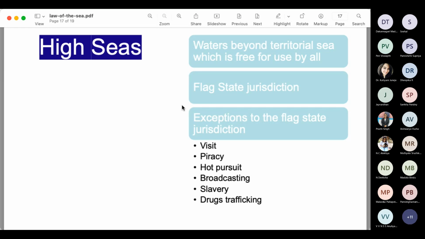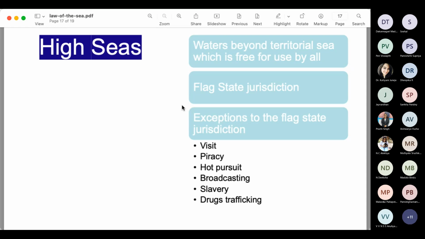Okay. So then comes the right of hot pursuit. International law does recognize the right of hot pursuit on the basis that a coastal state cannot be expected to allow a foreign ship to evade its jurisdiction by escaping into the high seas.